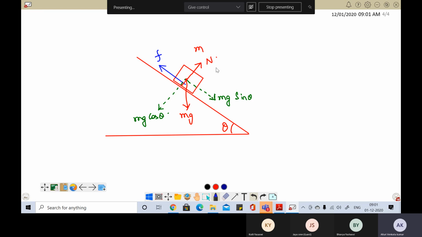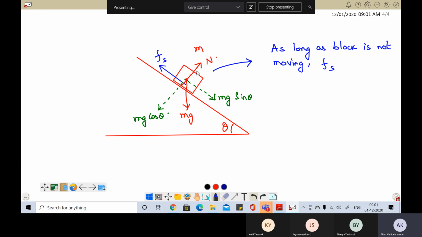Now, as long as the block is not moving, which friction will be there? Static friction. Correct, so let us say Fs.